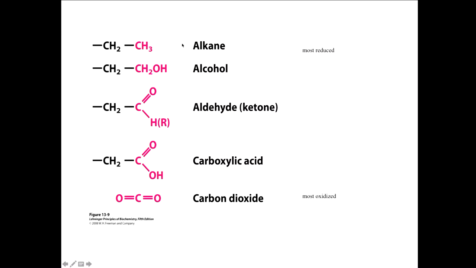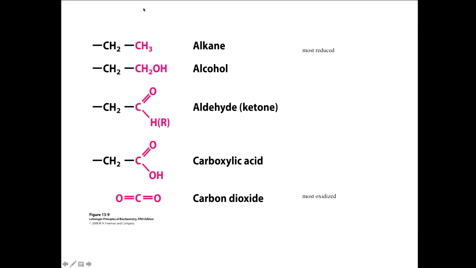Here's our alkane, and that carbon is owning a lot of electrons because it has hydrogens as bonding partners. Down here it doesn't own any because it's with those oxygens. And in between it might have a bond with an oxygen or 2 bonds with an oxygen and some bonds with other carbons or hydrogens.